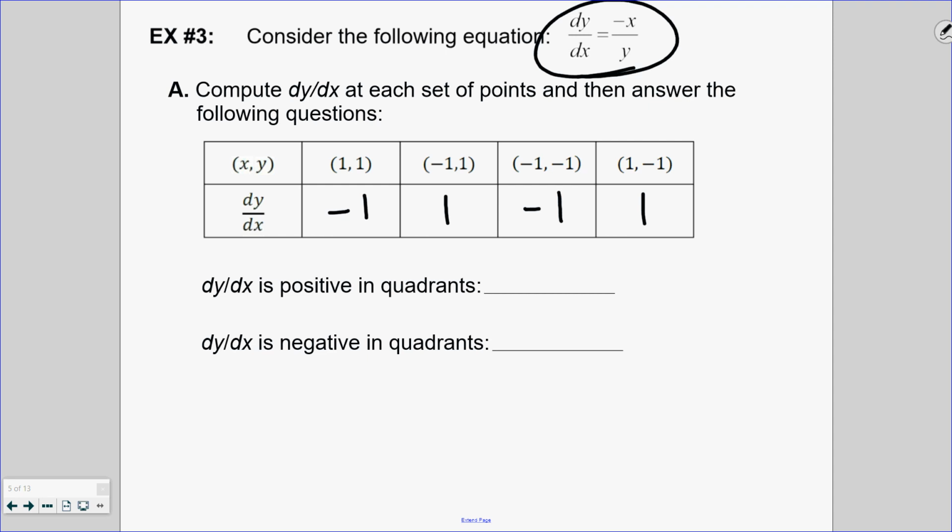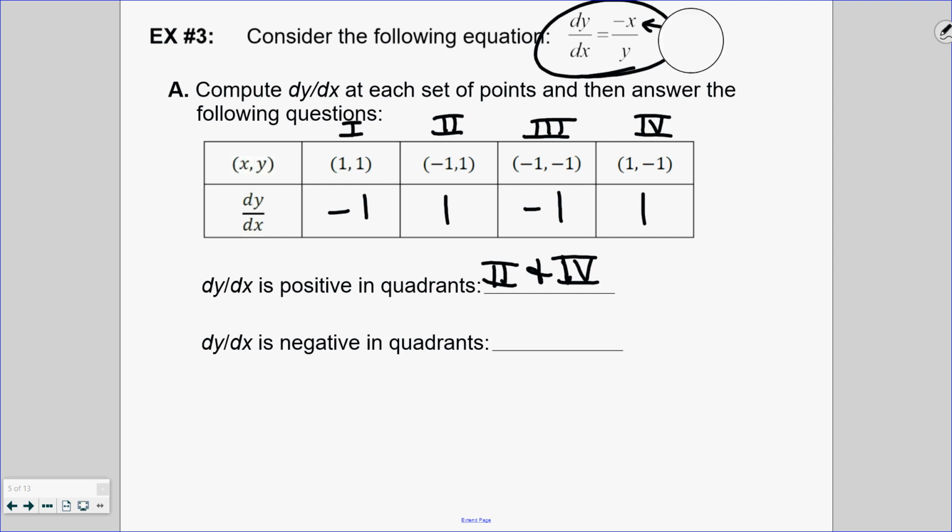So what it looks like is dy/dx, we can pretty much see what's going to happen. It's going to be positive in quadrants, well, if this is quadrant 1, (-1, 1) is quadrant 2, (-1, -1) would be quadrant 3, and this would be quadrant 4. So it appears like it's going to be positive in 2 and 4, and that should make sense because in quadrant 2, x is negative, but then the minus takes the opposite, and y is positive, so you'll get positive.